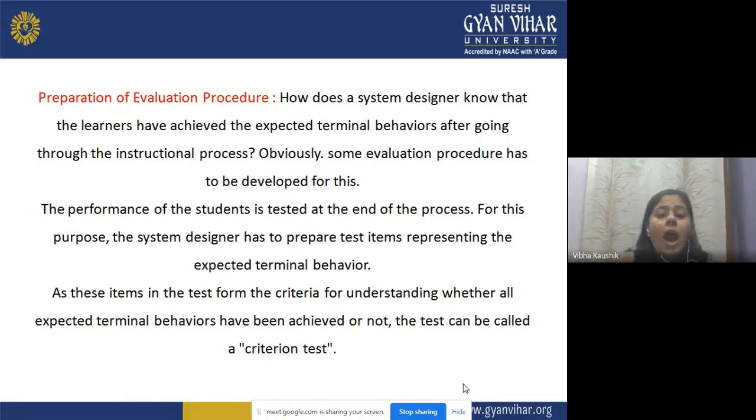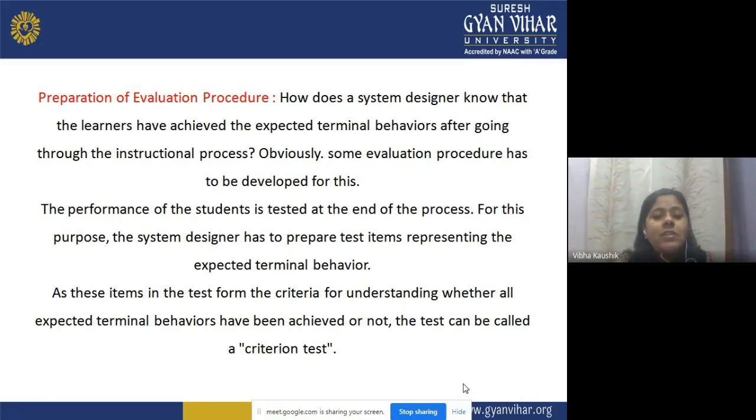On the basis of that evaluation procedure only, I will be able to say whether my objectives are achieved or not. The performance of the student is tested at the end of the process. After completing my course, I take a test and I will come to know whether my objectives have been achieved or not.